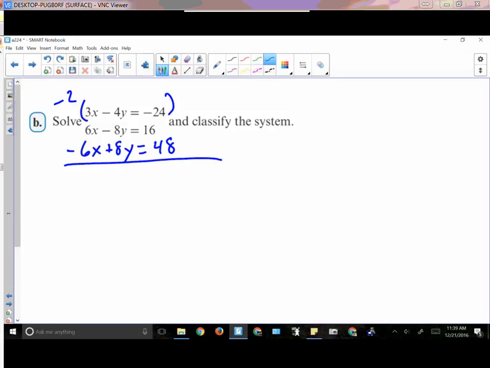So, negative 6x disappears. Negative 8y disappears. Hey, I get a 0 on this side. But, over here, I end up getting, what is it, 62?